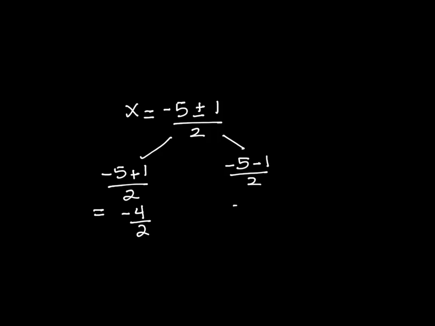The other one is negative 6 divided by 2, which in turn gives you negative 2 on the first one and negative 3 on the second one. So this equation has two real solutions, negative 2 and negative 3.